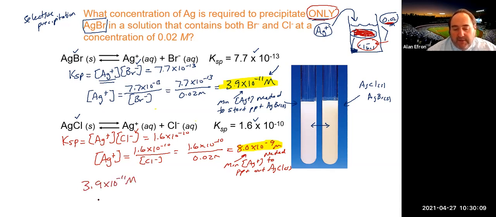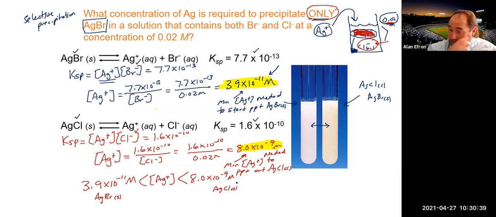At that point, we should start to see silver bromide precipitating out. We need to keep the concentration of silver greater than that number to precipitate out the silver bromide, but we need to keep it less than 8.0 times 10 to the minus 9 molar, because that's where we start to see silver chloride basically start to precipitate out.